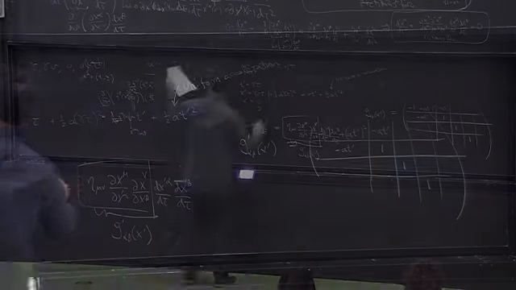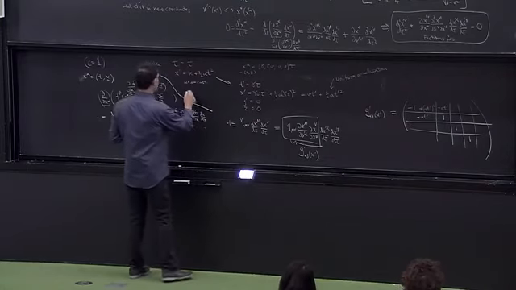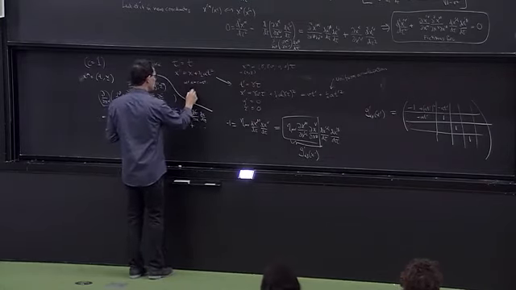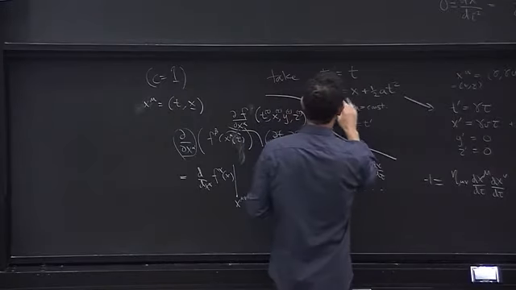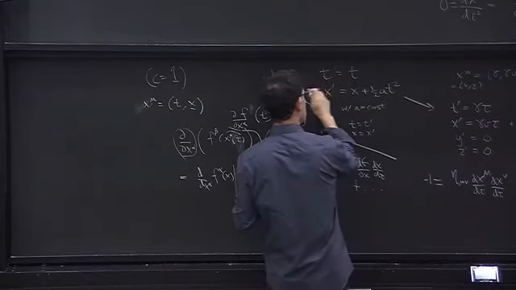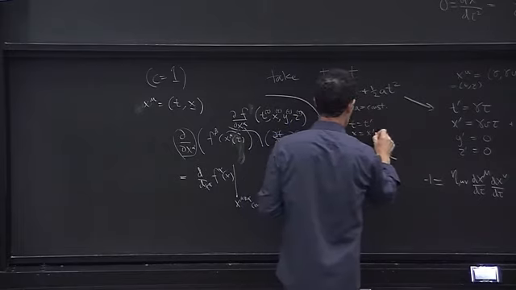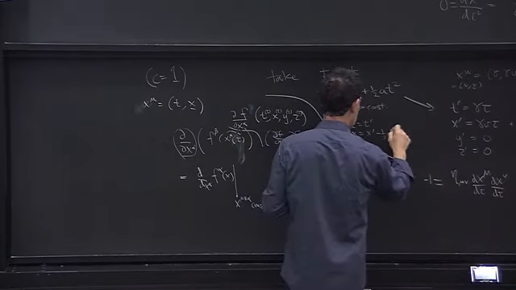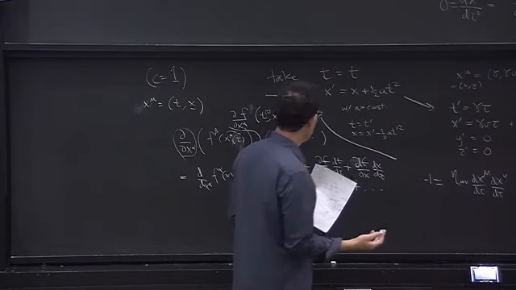This is x prime as a function of x. I need x as a function of x prime. That's easy, because I've got t equals t prime. That's just inverting. But here I've got x is equal to x prime, I pull this over to that side, and then notice that t is t prime, so minus 1/2 a t prime squared. Okay, that's the inverse coordinate transformation.